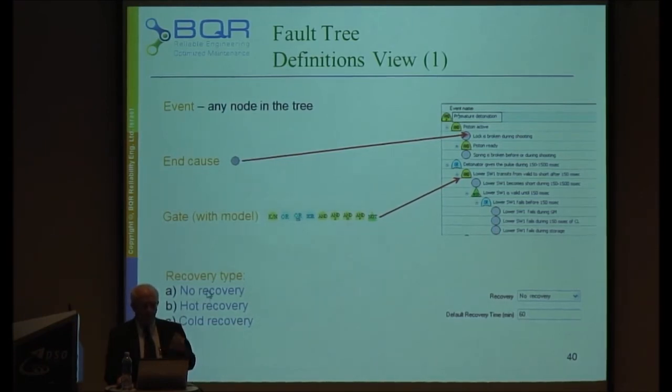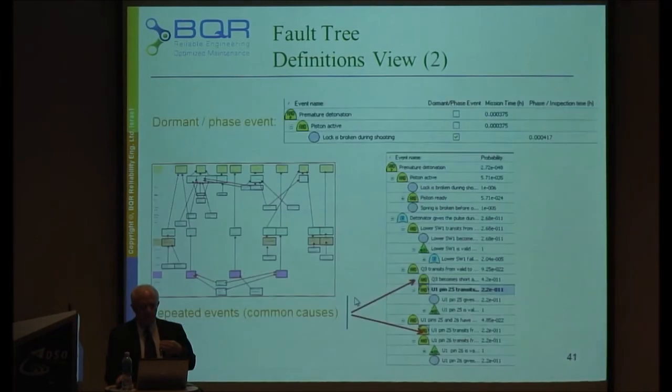Hot recovery means you have a failure that you repair immediately when it happened, and you don't stop the system. And you have a cold recovery when you stop the system and you correct it. So you can also add those ways of recovery time. If you have a recovery time, you need also to specify the time.